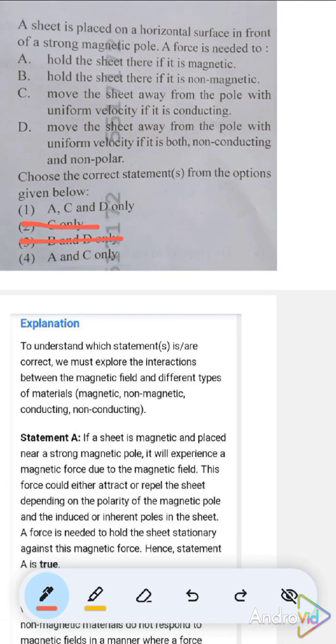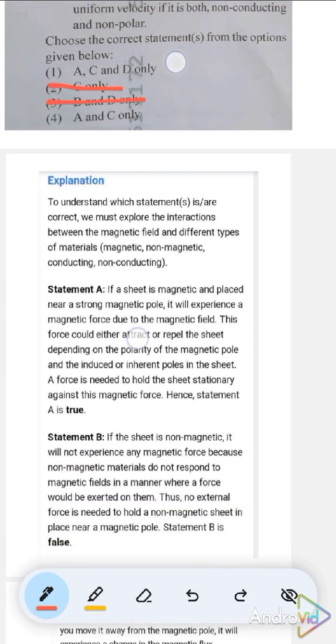Statement C states that if a sheet is placed on a horizontal surface in front of a strong magnetic pole, a force is needed to move the sheet away from the pole with uniform velocity if it is conducting.